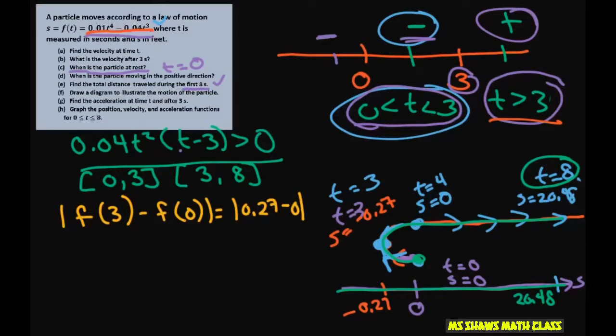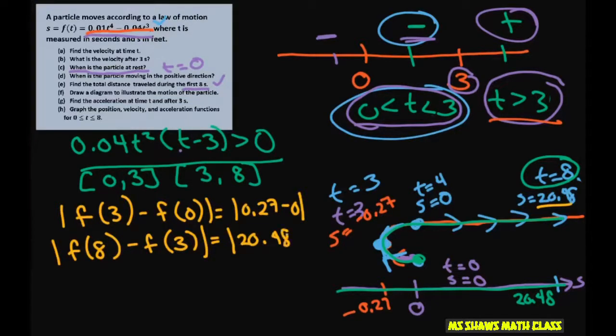Then we have to do f of 8 minus f of 3, and we're doing the absolute value because we're talking about distance. So that's going to be f of 8, which we already know is 20.48, minus a negative 0.27.